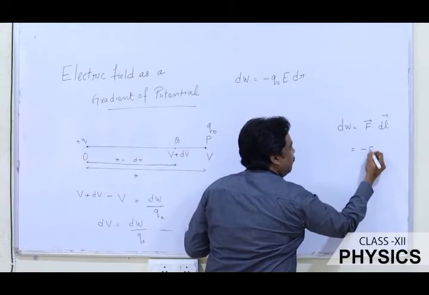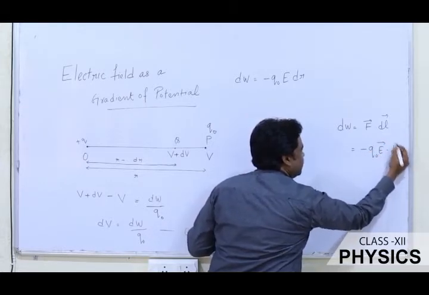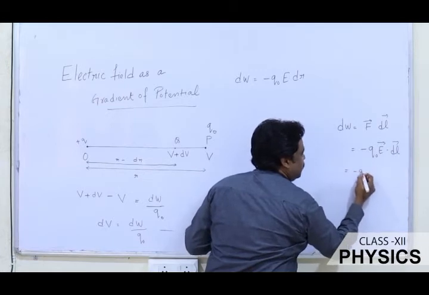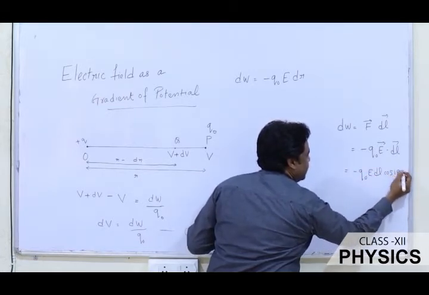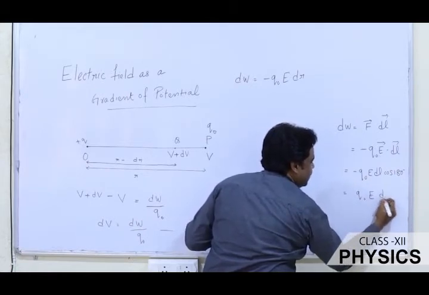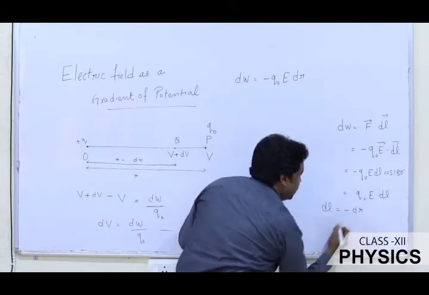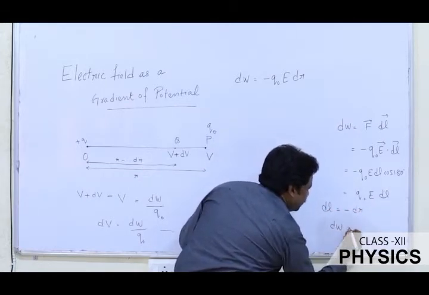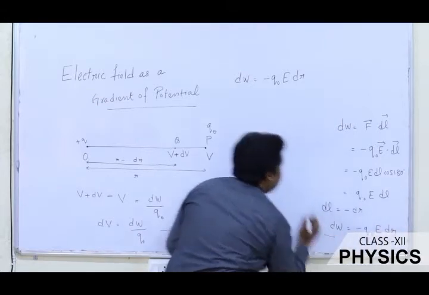F vector was minus q naught E vector dot dl vector. Next, you remember the dot, q naught E dl cos 180. Ultimately cos 180 is minus 1, so it becomes q naught E dl. Then you did the approximation, dl is minus dr, put it back, so you got dW is equal to minus q naught E dr, and I am using this.